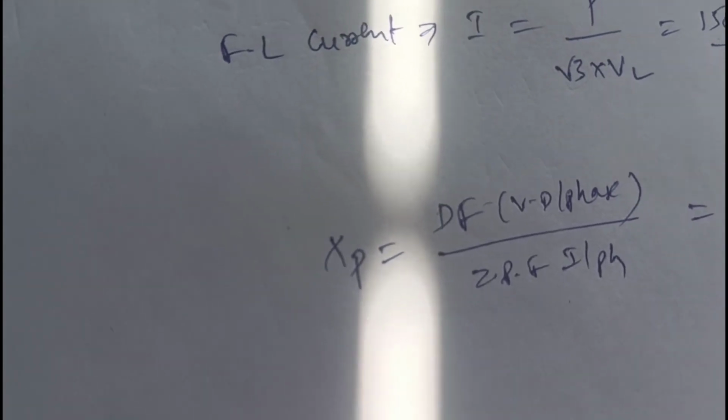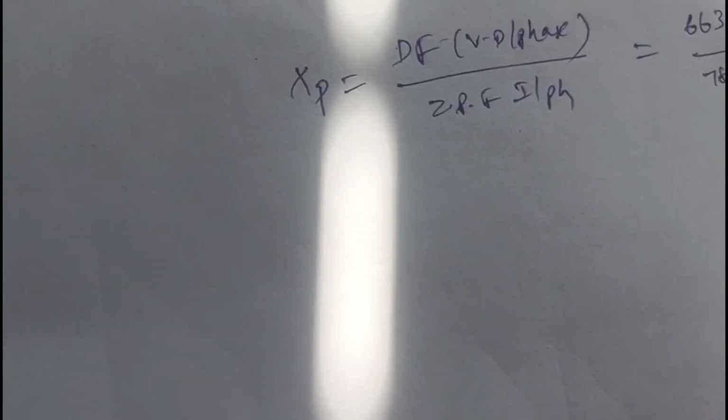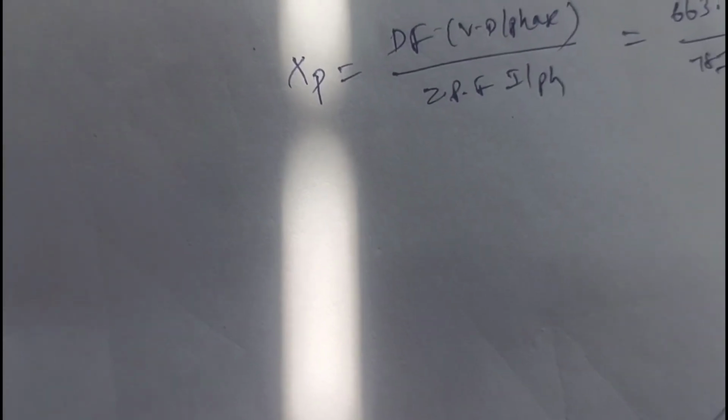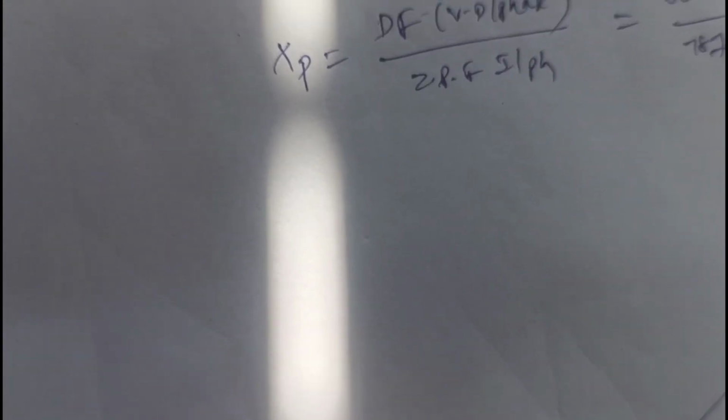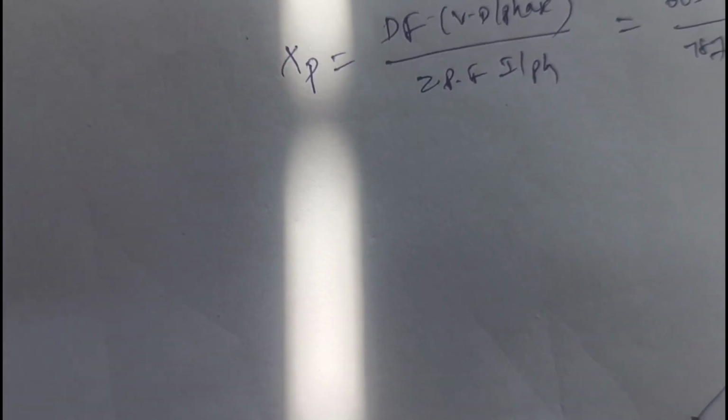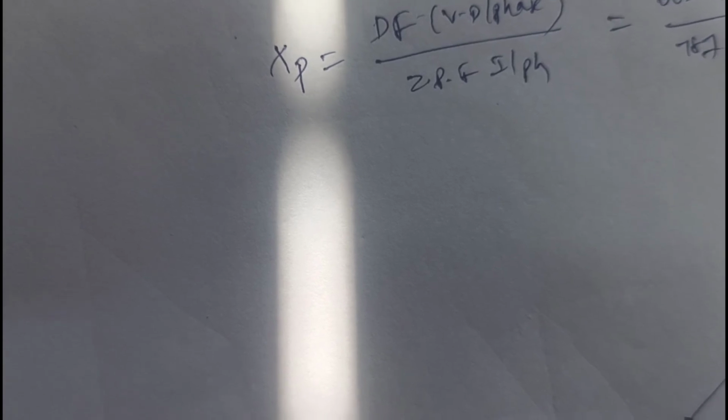Then after that, completely from the vector diagram. This is the vector diagram. This voltage is 11,000 volts, and the I into XL drop is 1150. So this is the I into XL drop.